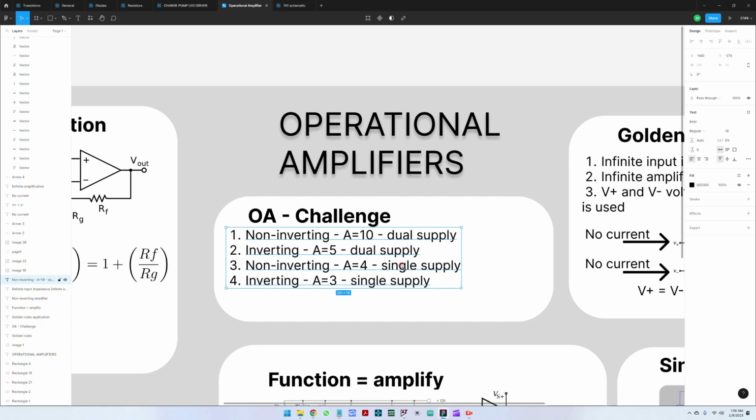And for the supply levels, you can choose whatever supply level you consider fit. And the fourth challenge is an inverting operational amplifier with amplification of 3, but with a single supply.